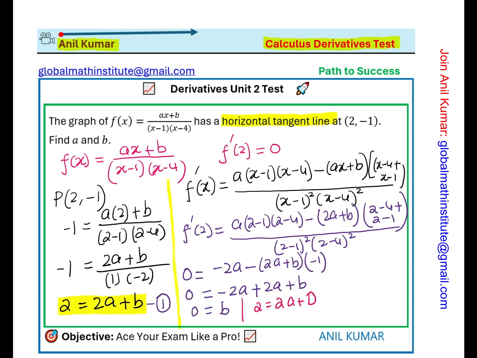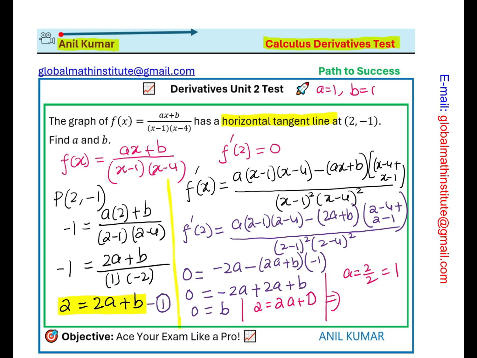Dividing, we get a equals 2 divided by 2, which is 1. So we got both the values: a is 1 and b is equal to 0. Is that clear to you?